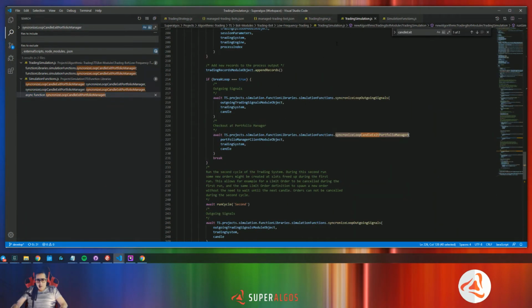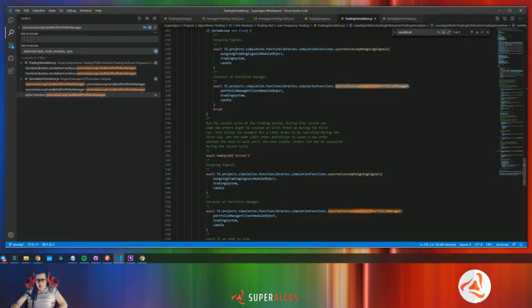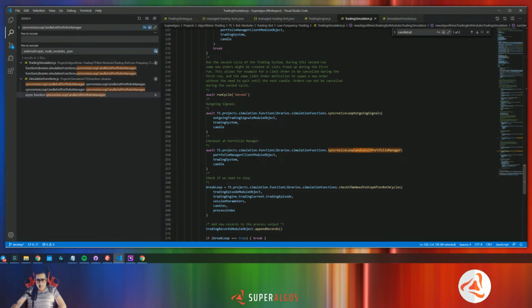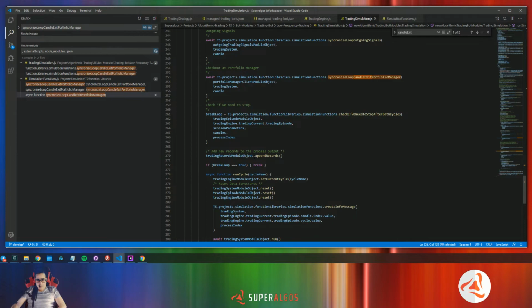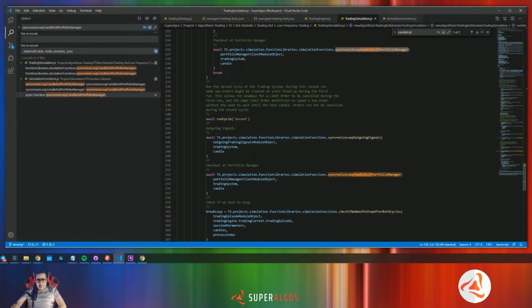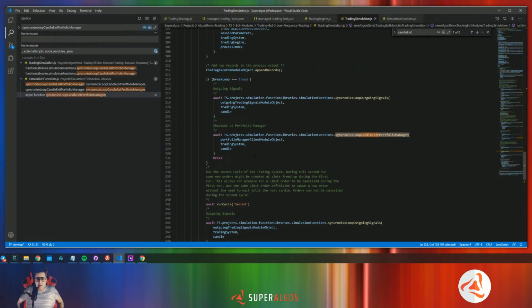Okay, so here when this is called, according to what I'm seeing, we have two places where we are checking out.